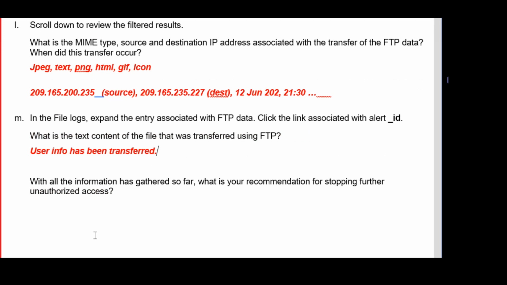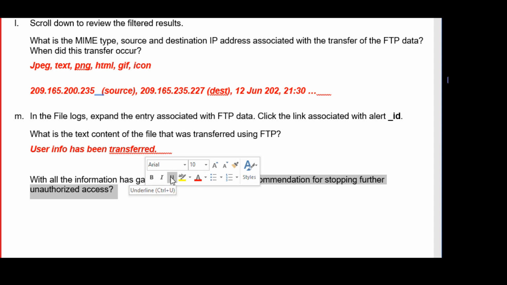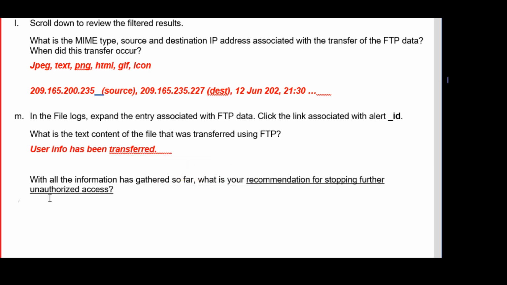Okay, with all the information gathered so far, what is your recommendation for stopping further unauthorized access? How do you stop the access? Many ways to do that. One way is, of course, you can block the FTP port.